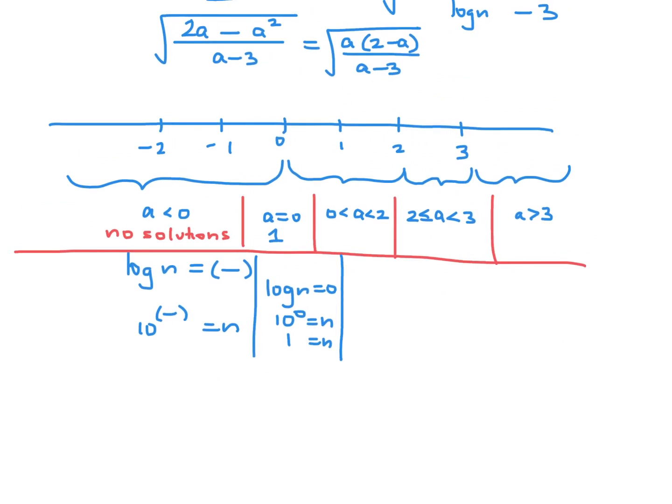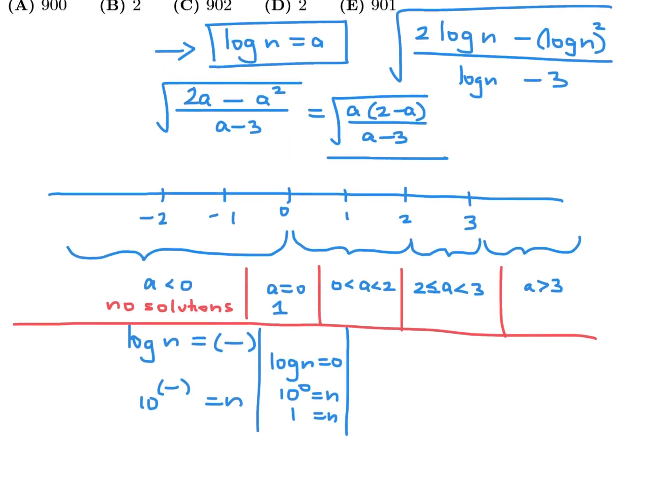So let's keep going. When a is between 0 and 2, so for example 1, correct? I'm concentrating just on the substitution, which is this guy right here. We actually really should be concentrating on this guy right here.